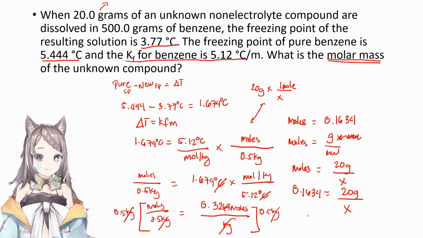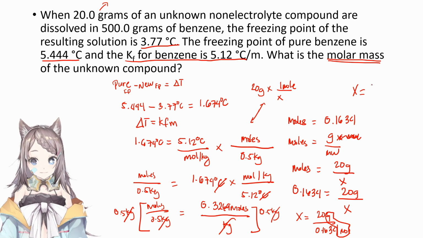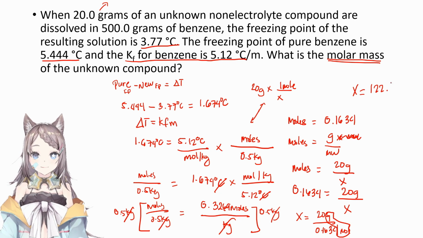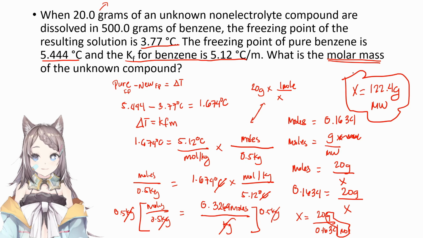Okay, so let's substitute. x equals 20 grams over 0.1634 moles. So grams per mole is actually molecular weight. x will become 122.4 grams. So this is your molecular weight of that substance.